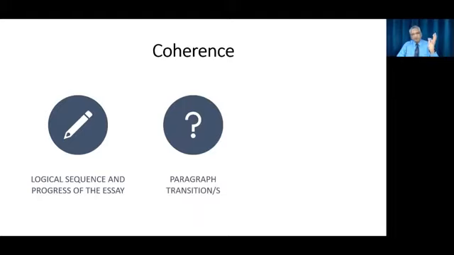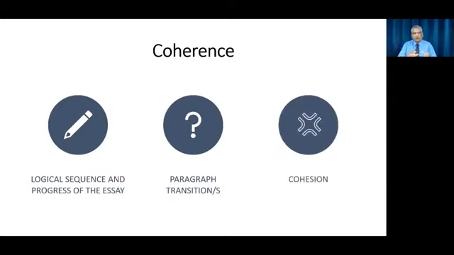Are they just numbered without any real knowledge about their function or placement in the essay, or their logical sequence? So the logical transitioning of the paragraphs, and then the cohesion also. Is the language cohesive, or is it too segmented? This basically decides coherence.